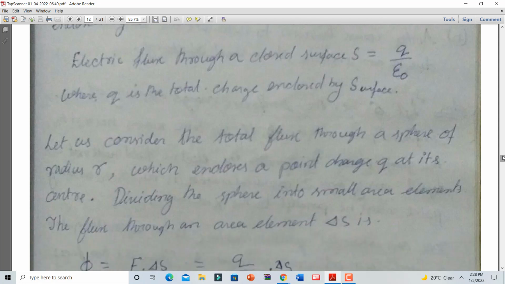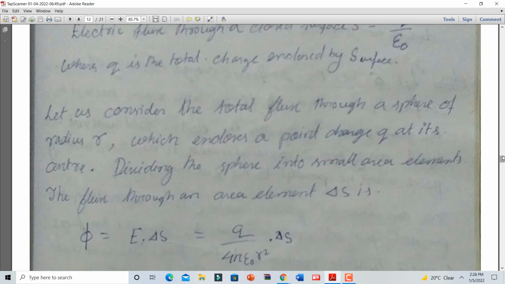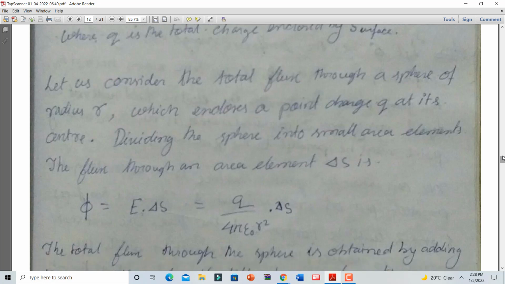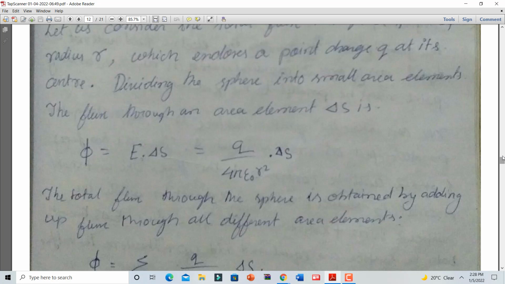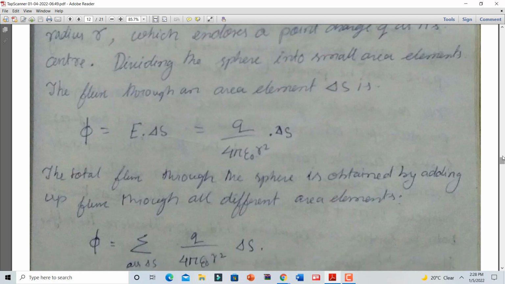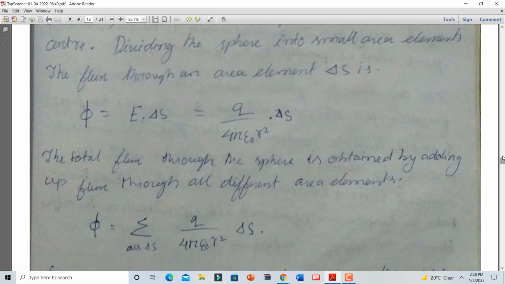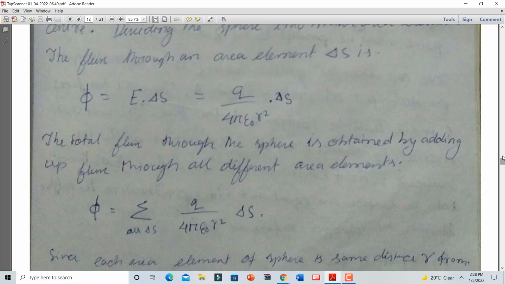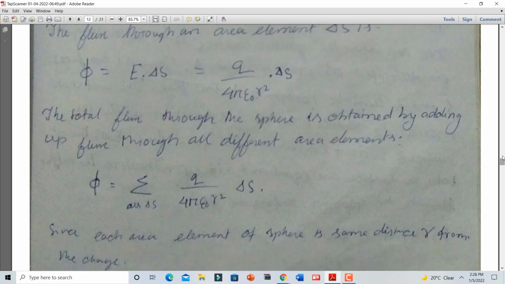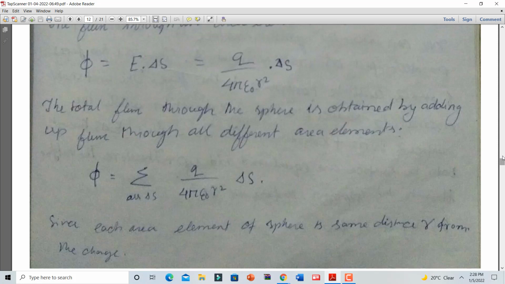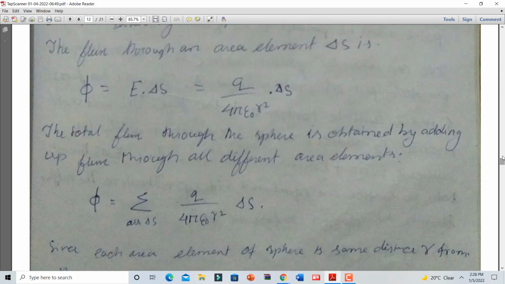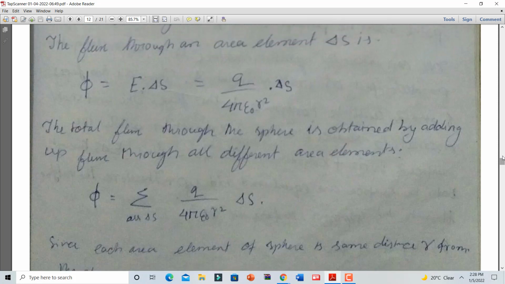Now, let us consider the total flux through a sphere of radius r, which encloses a point charge Q at its center. Dividing the sphere into small area elements, the flux through the area element del S is given as flux is equal to E into del S, where del S is the surface through which the electric fields are passing.